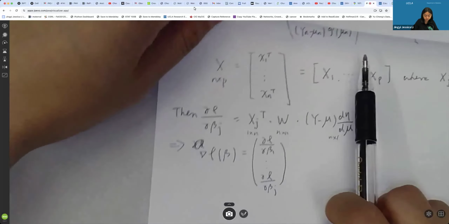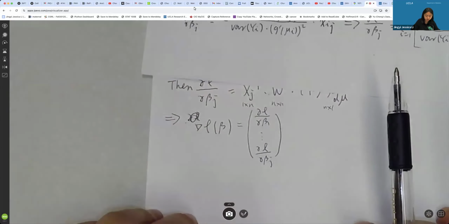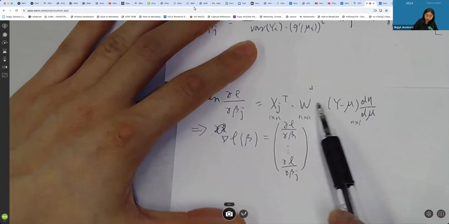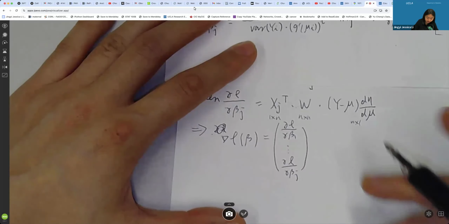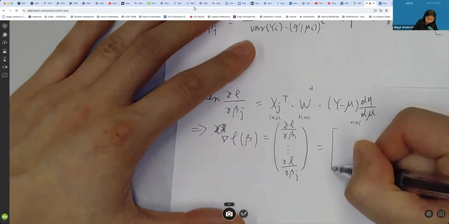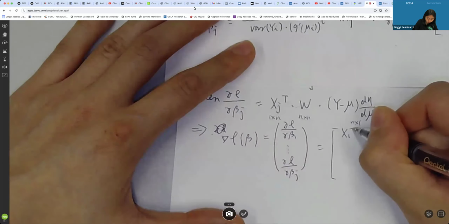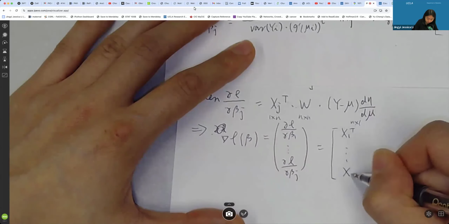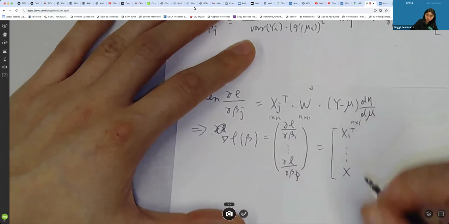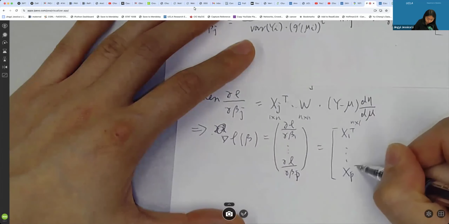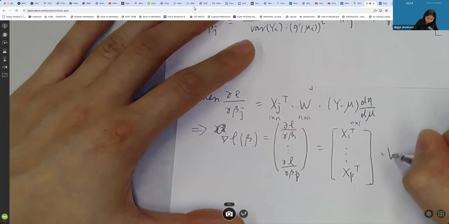That's not specific to beta j or feature j, predictor j. So from this line to this line, I just need to stack my xj. It becomes x1 transpose to xp transpose, stacked, times W times y minus mu, d eta d mu.